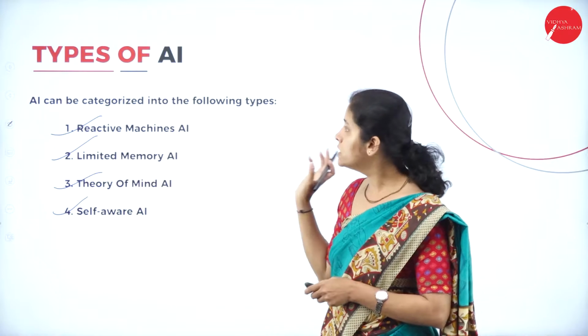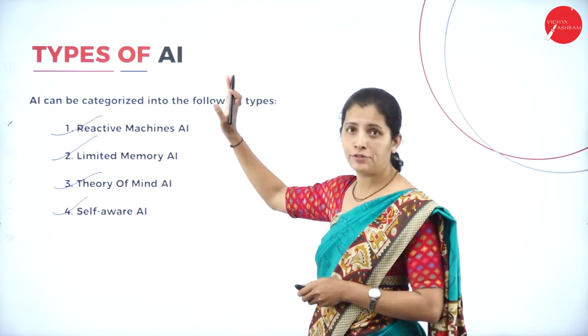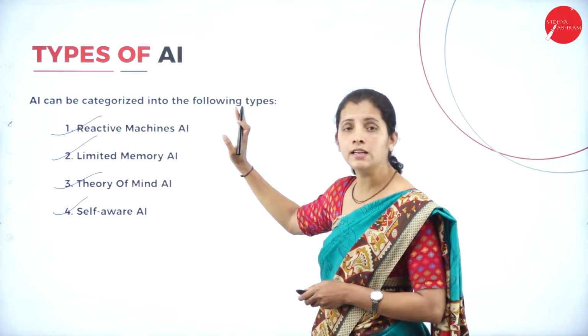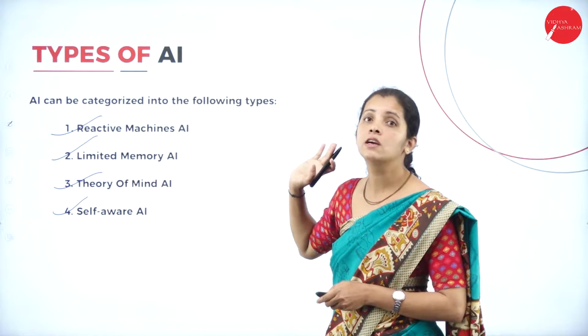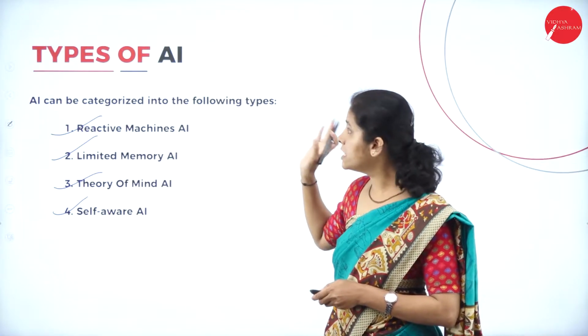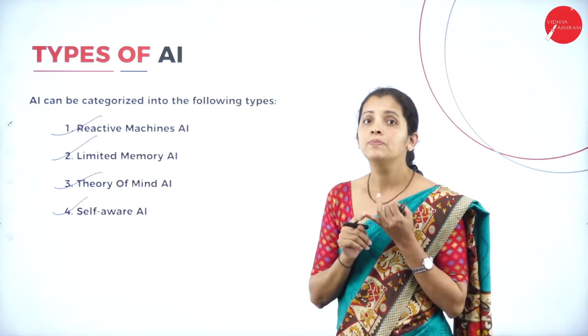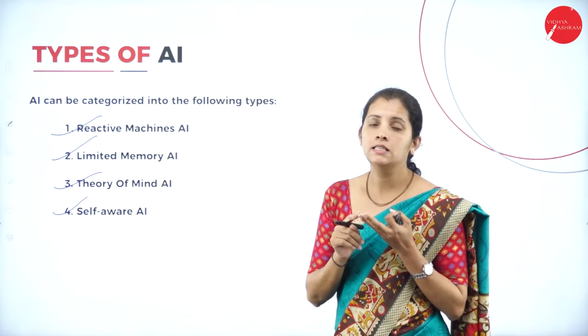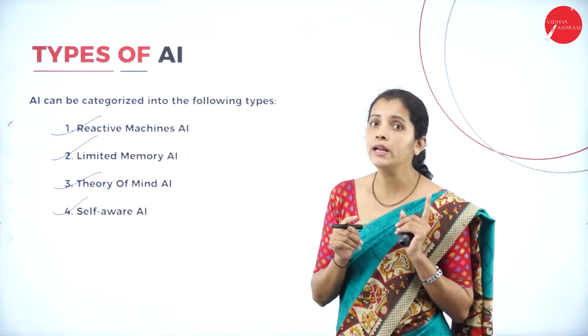So dear students, just make a note here. Types of artificial intelligence are different, and stages of artificial intelligence are different. If it is stages, then there are 3 stages: artificial super intelligence, artificial general intelligence, as well as artificial narrow intelligence.